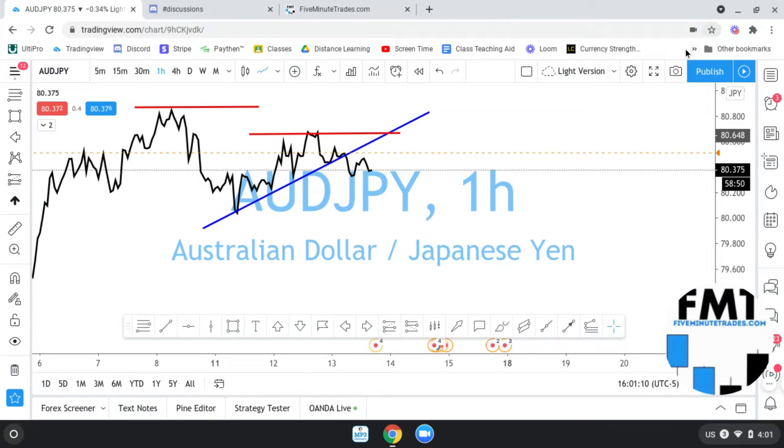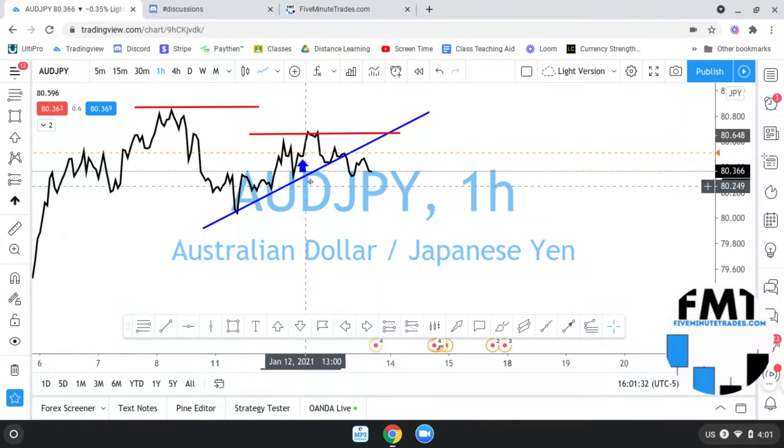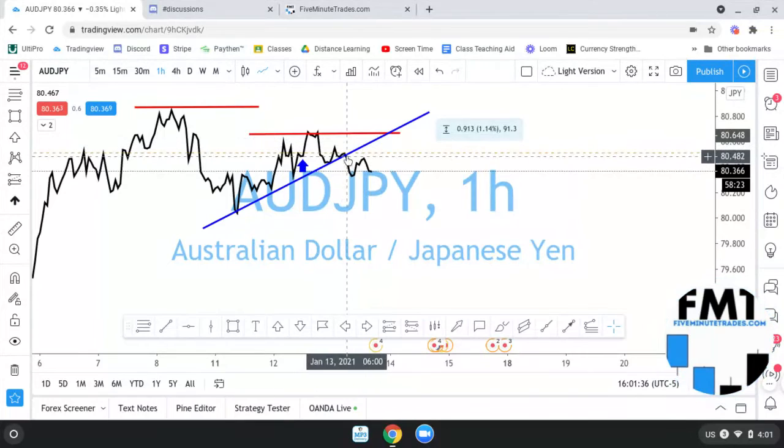Well, what I want to see is a pullback and retest to either this area here, this resistance, right there, or even better to the trend line itself.